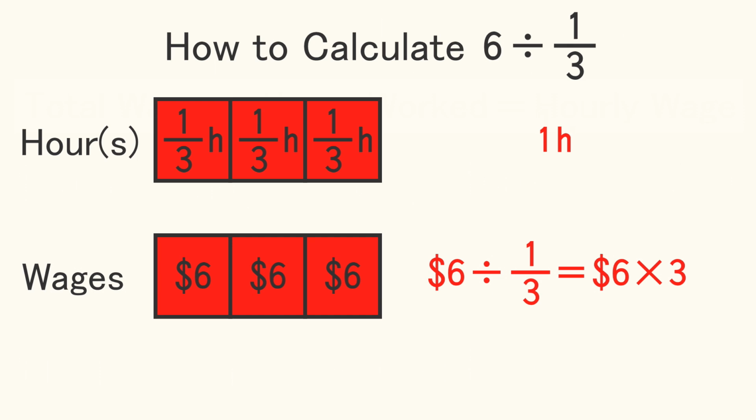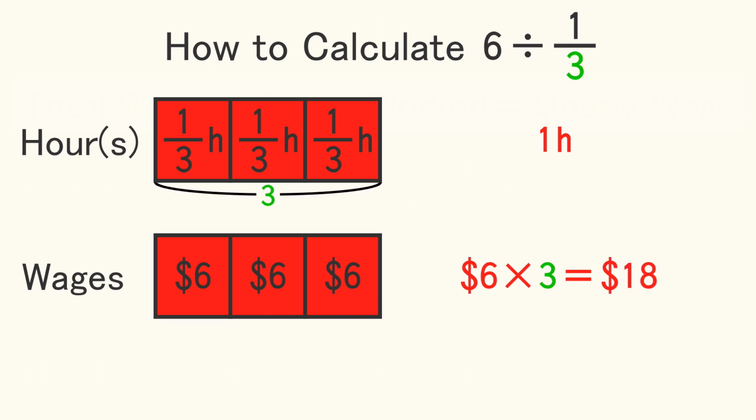Here we multiply by 3, and that 3 comes from the denominator of 1/3. The denominator tells us how many equal parts make one whole. That's why we multiply by 3, the denominator, to get the total for 1 full hour.